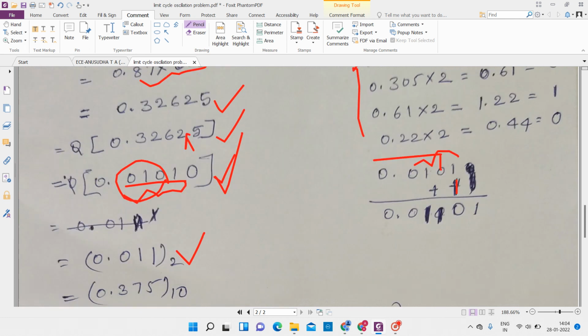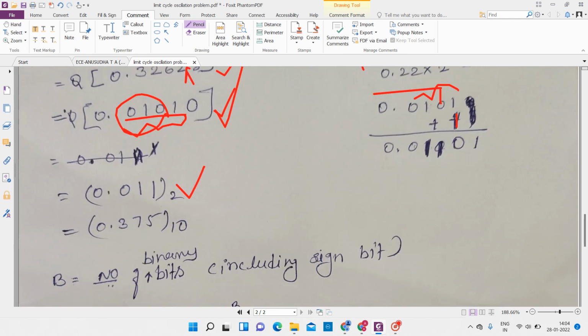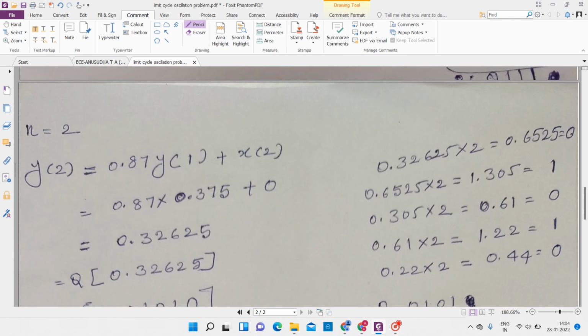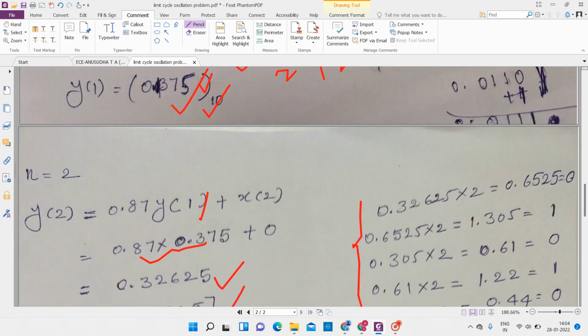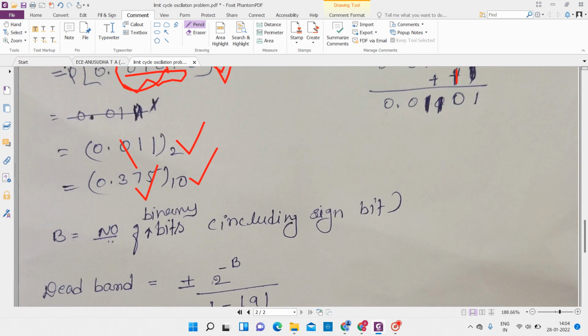Then afterwards you have to find this decimal number. So 2 to the power of minus 1 we neglect, only 2 to the power of minus 2 plus 2 to the power of minus 3. So you will get 0.375. Previously for n equal to 1, we got 0.375. For n equal to 2 we are also getting 0.375.